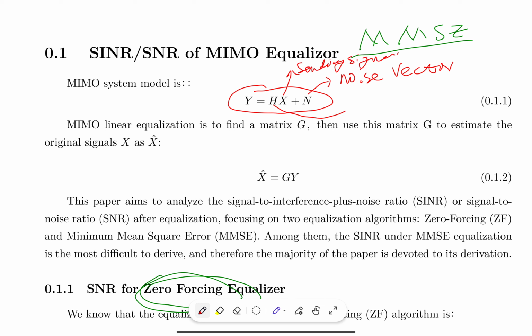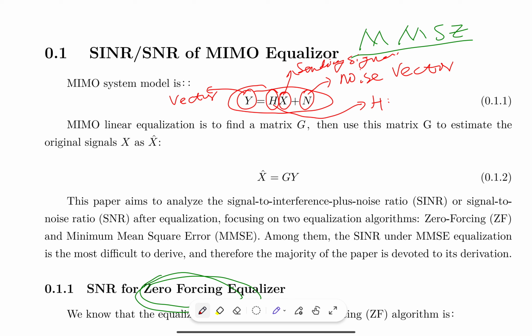H is the channel coefficients matrix. Y is the received signal vector. So Y is a vector, H is a matrix, X is a vector, N is a vector.